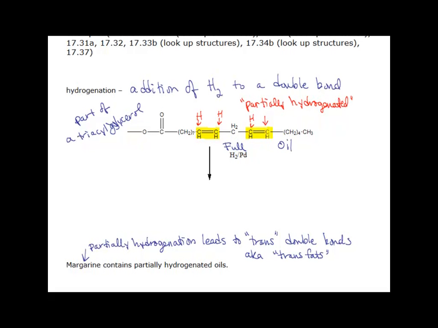Now the carbonyl is not affected. It is not touched. So what your product looks like, CH2 seven, that hasn't changed, and then you have CH. You can draw these as CH2s, but I'm just going to draw them with the hydrogens explicitly shown.